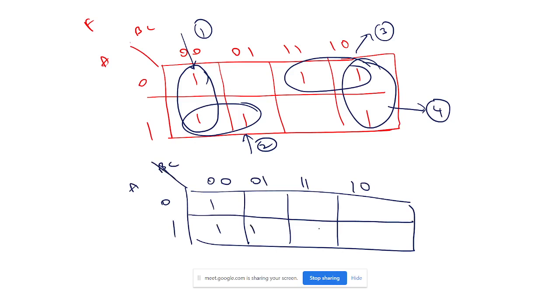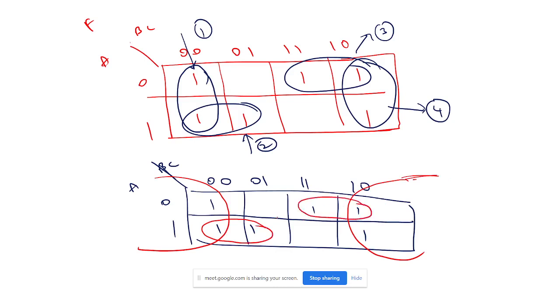Now, what is the first step that you do? You look for a group of 8 ones, right? Not possible in this case. Then you look for a group of 4 ones, right? This group, then this one, correct?